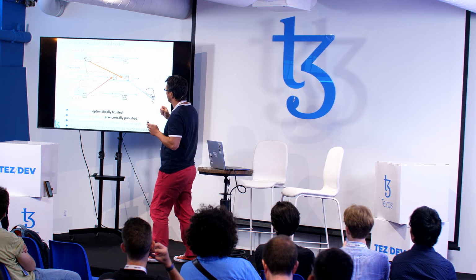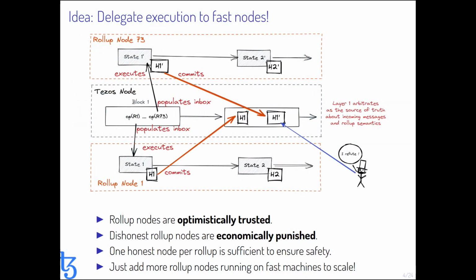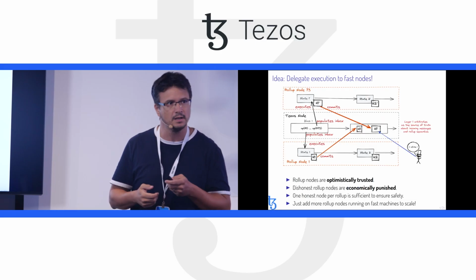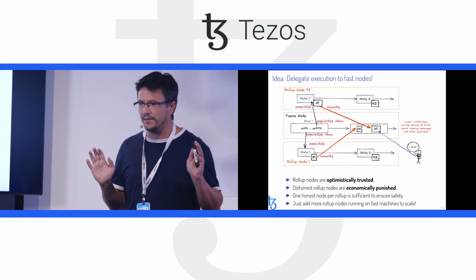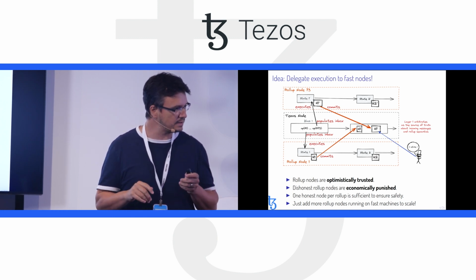And what the rollup node does, it has its own state that is inside the rollup, and it interprets the operations, executes them, and updates the state. So it means that the layer 1 doesn't know anything about the state of the rollup, okay? It's totally unknown to it.